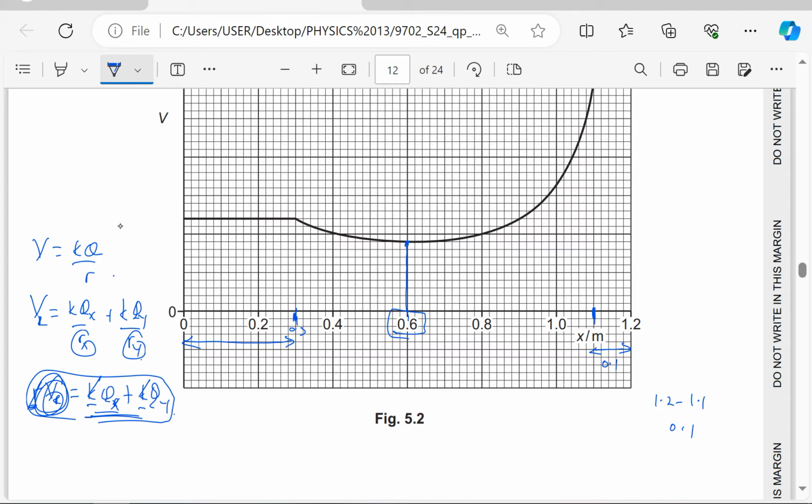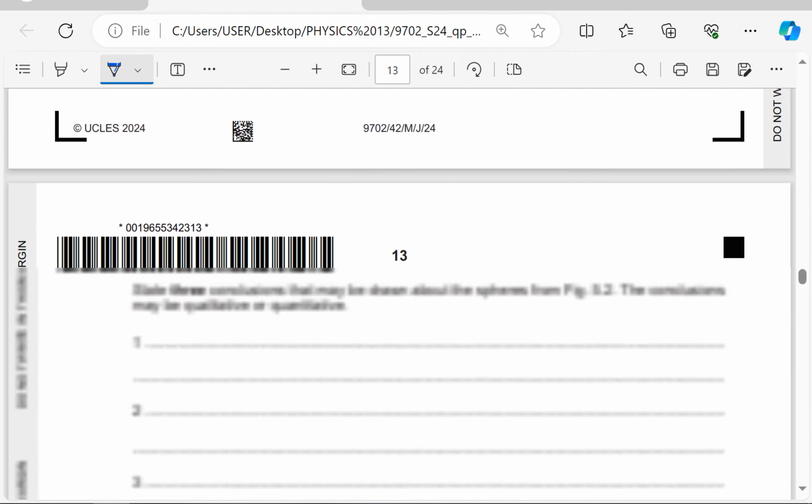Therefore, I would simply say because the minimum potential is at the midpoint, it is only because the charge on each of the spheres is the same. If the charge on X was greater, the minimum potential would be closer to the right-hand side. If the charge on Y was greater, then the minimum potential would be closer to the left-hand side. But since the minimum potential is just at the center between the two spheres, the charge on each of the spheres is the same.